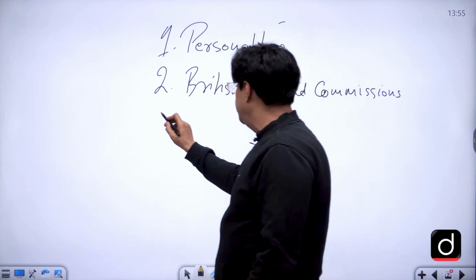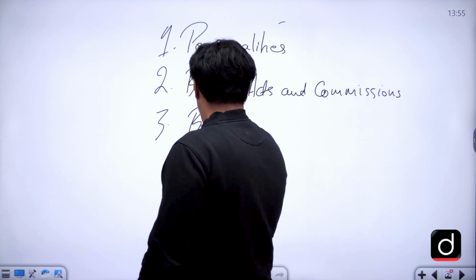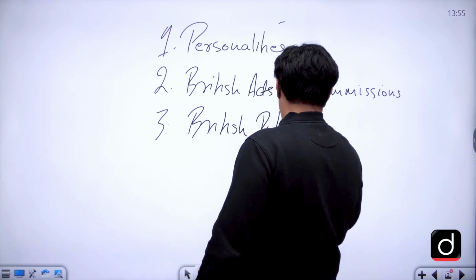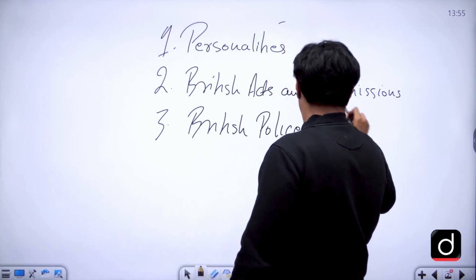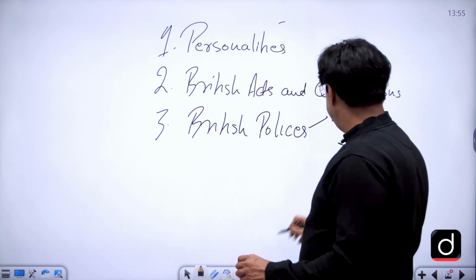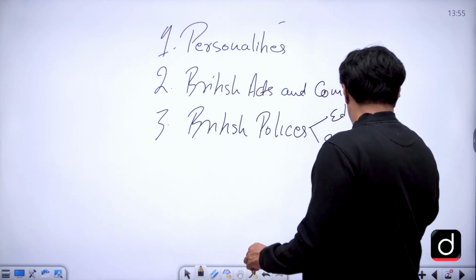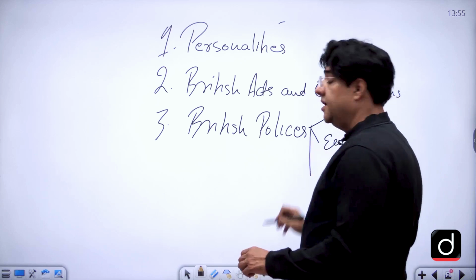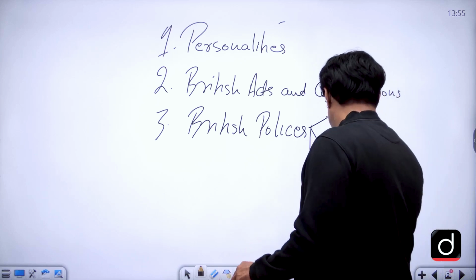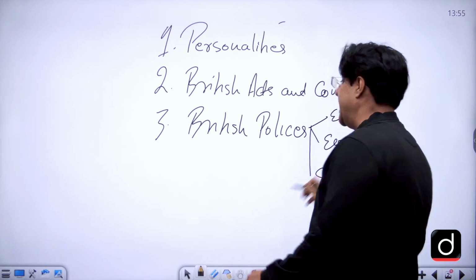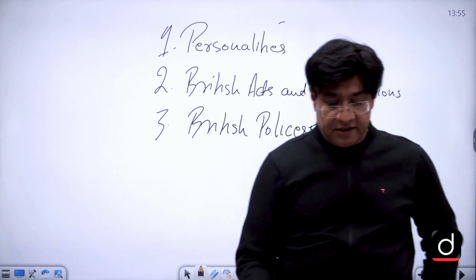Third major theme could be the British policies towards education in India, the British policy towards economic changes in India, the British policy towards socio-religious changes in India, so that we can make our third theme.